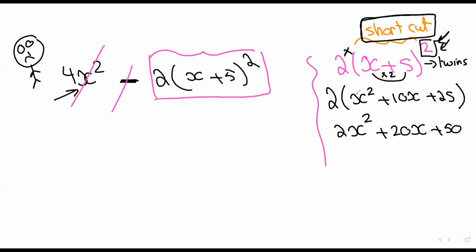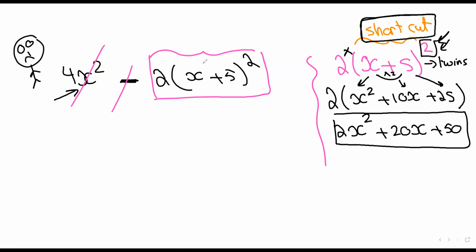So again, if you are going to use the shortcut, please expand the bracket first. How do I expand the bracket as explained earlier? Square the first, square the last, first times second times 2 to get the middle term. Then multiply your answer by 2 and you'll end up with 2x power 2 plus 20x plus 50. This is if you decide to use the shortcut.